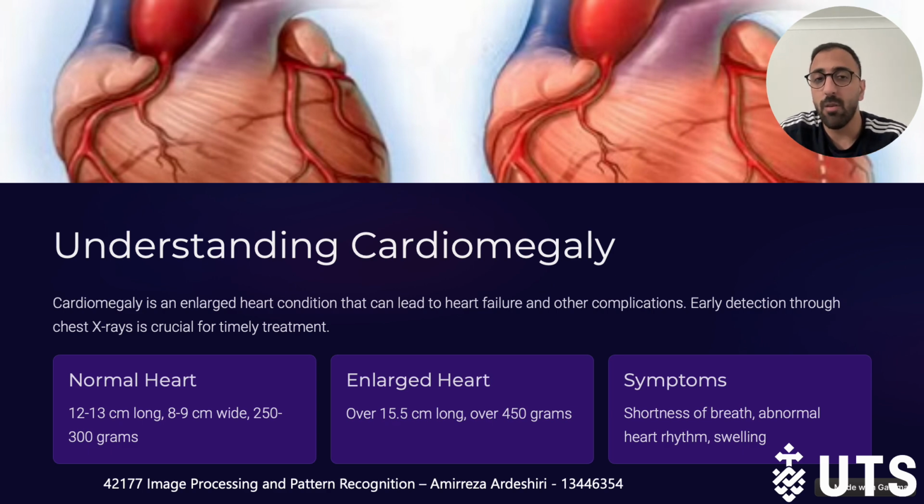But with cardiomegaly, it can exceed that, reaching 50.5 centimeters and 450 grams. Common symptoms include shortness of breath, irregular heartbeats, and swelling in the legs or abdomen. Chest X-rays are commonly used to detect this condition, but interpreting these images can be time-consuming for radiologists.